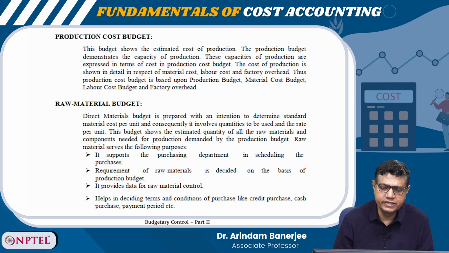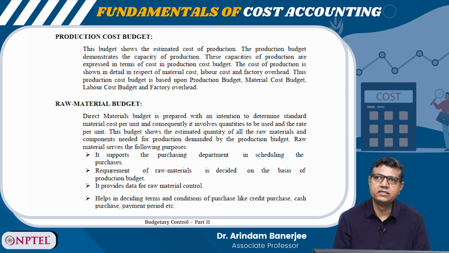So the raw material budget is prepared next, with an intention to determine standard material cost per unit, and consequently it involves quantities to be used and the rate per unit. This budget shows the expected quantity of all the raw materials and components needed for production demanded by the production budget. It serves the following purposes.